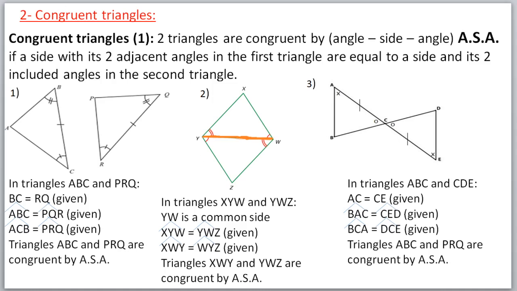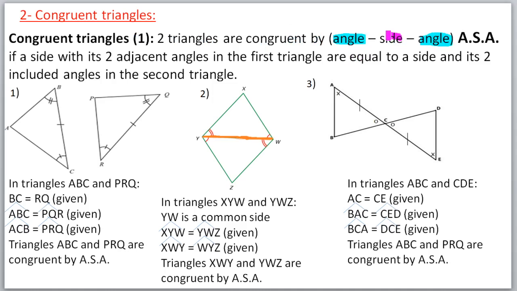Now we need to remember some ideas about congruent triangles. Two triangles are equal. Okay, fine. Congruent triangles, property 1. Two triangles are congruent by angle, side, angle.